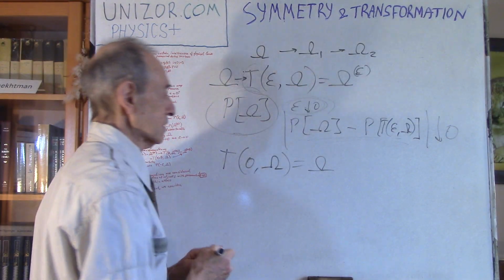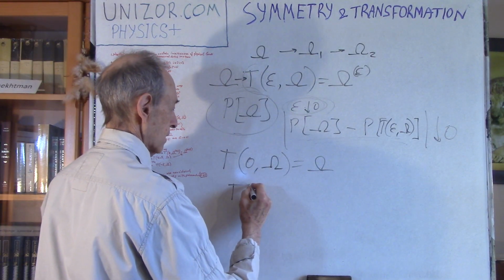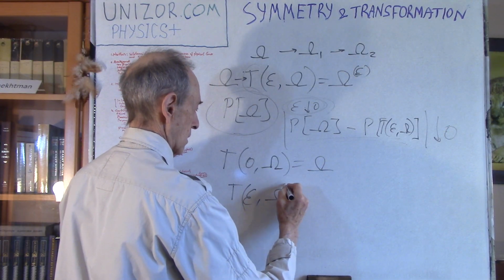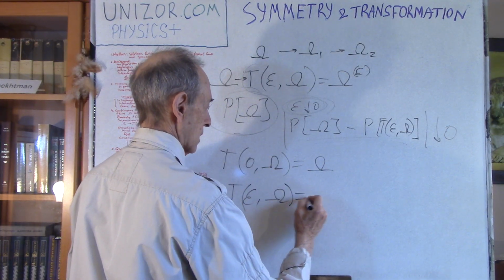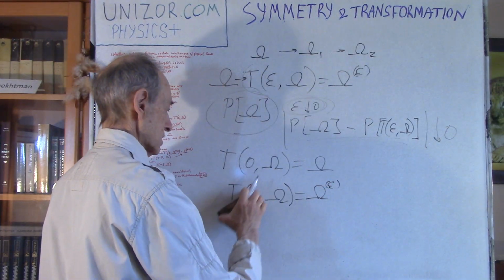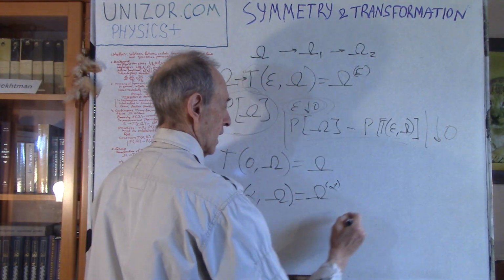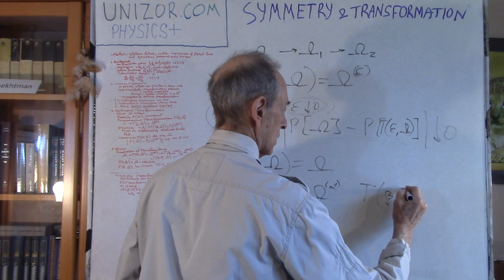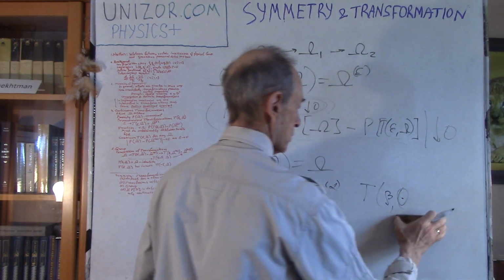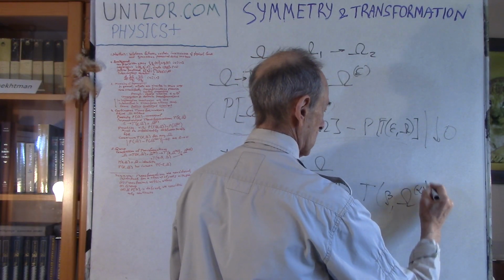So my point is that if you apply epsilon first, but let's talk about, instead of epsilon, we'll use another letter, we'll use alpha. And then you apply beta to your object, which is the result of the first one, to alpha.